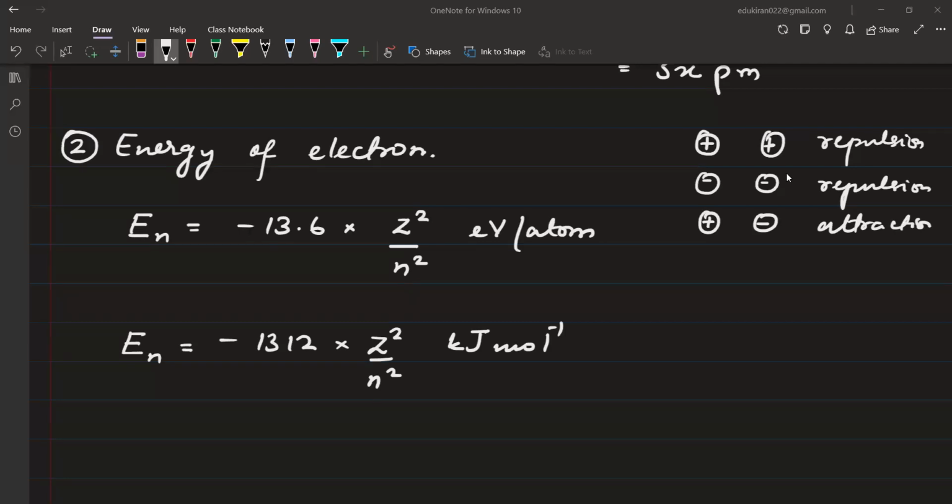Now this negative sign shows that this energy of electron is because of the attraction between the positively charged proton and the negative charge of the electron.